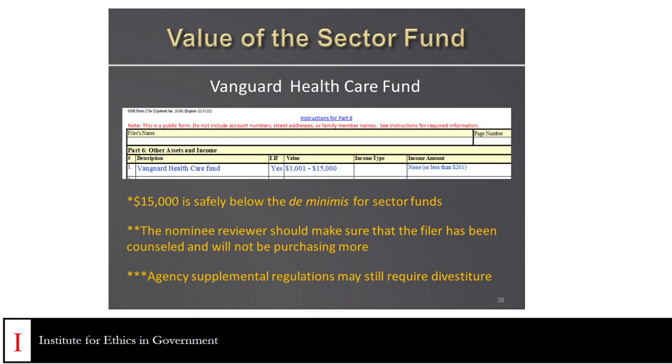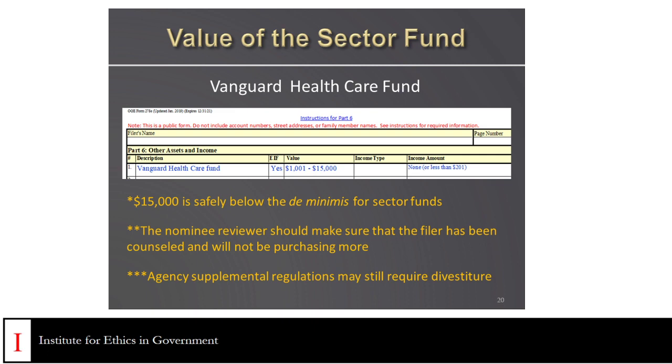Earlier, we mentioned that our hypothetical filer owned $14,000 of the Vanguard Healthcare Fund. In addition, just by looking at the financial disclosure report entry, I can see that the healthcare fund is under $15,000.